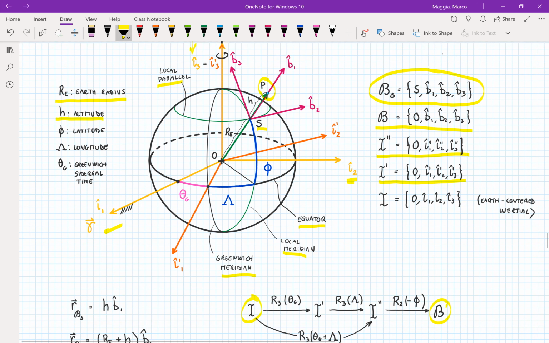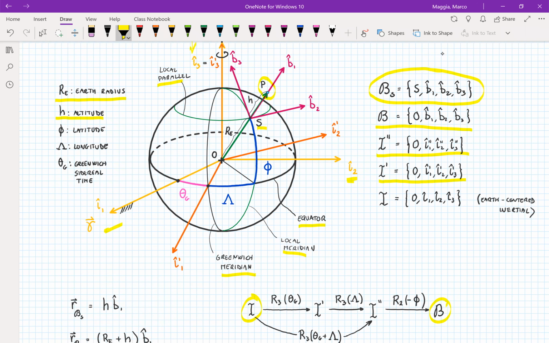So we first go from I to I prime by performing a rotation of this angle theta g, which is also known as the Greenwich sidereal time. Yes, it is a time, but geometrically speaking, it's actually an angle. But of course, you can express an angle in terms of time.